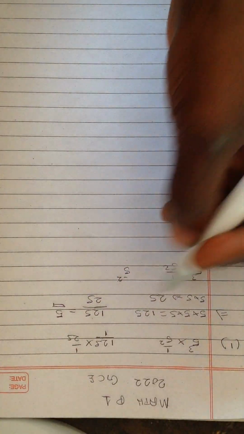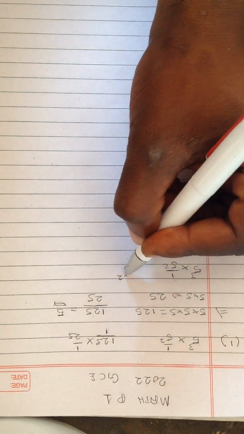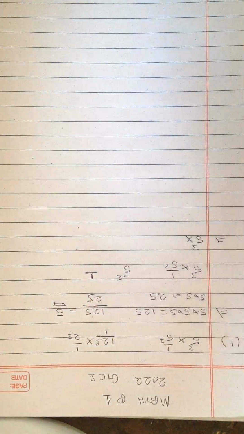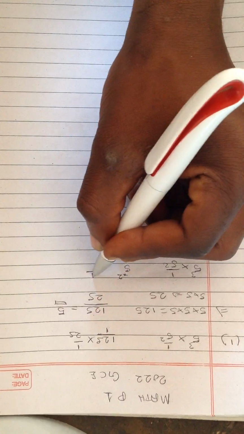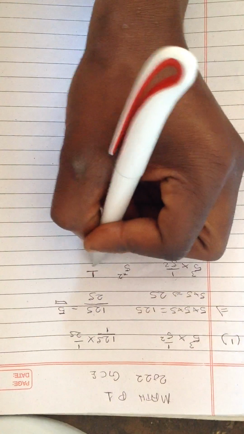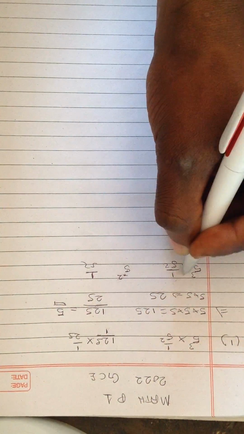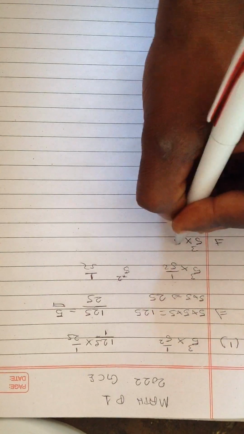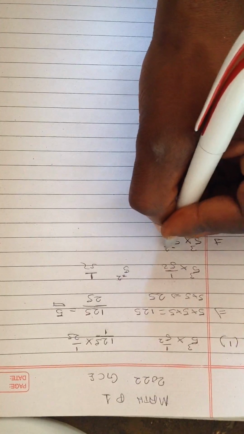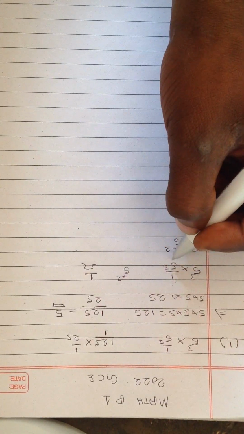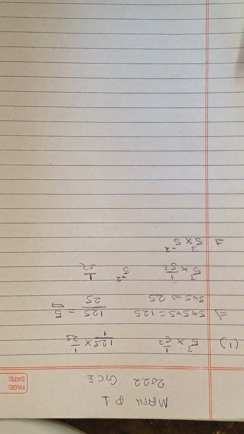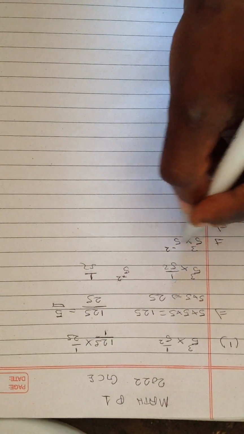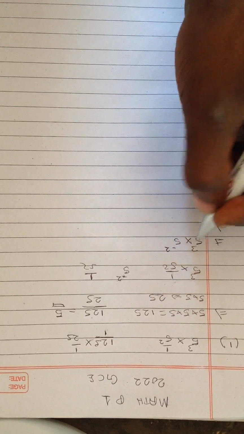The rules of indices say that this negative here is a bar, a reciprocal. So 5 raised to power negative 2 is the same as 1 over 5 raised to power 2. Then the rules of indices tell us that if the bases are the same, you add the powers.